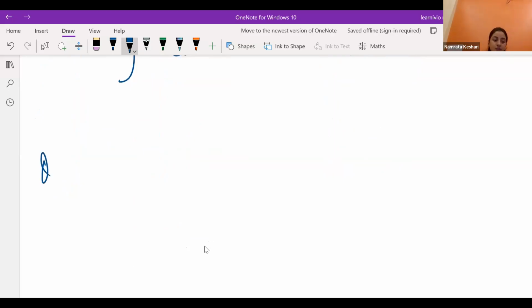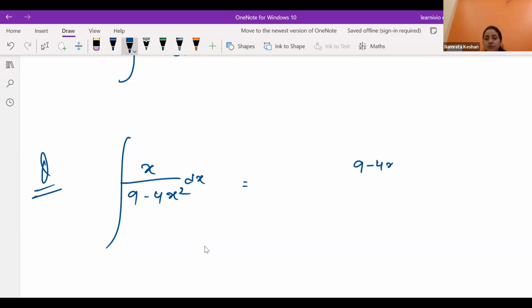If we are having x over 9 minus 4x square, and integration of that we have to do, what we'll be doing, Annapurna? 9 minus 4x square as u. Perfect.